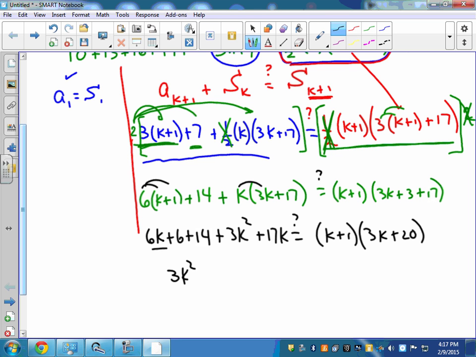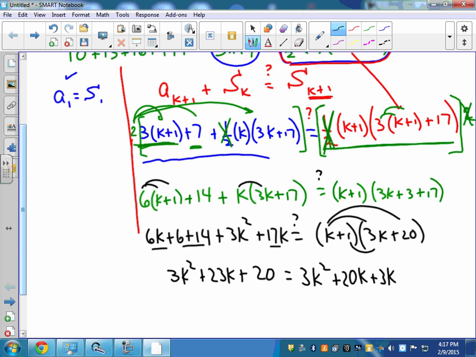How many k's? I've got 6 and 17, that's 23 k's, right? And my constant is 6 plus 14 is 20. And on the right side, I have 3k squared. I have 23 k's, and there's the 3k's, which is what I was expecting, and there's the 20.